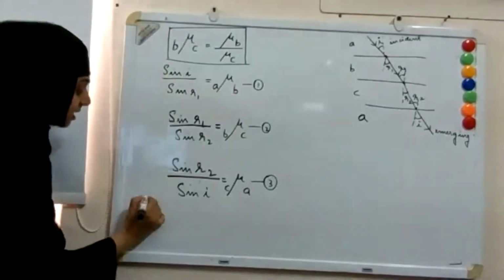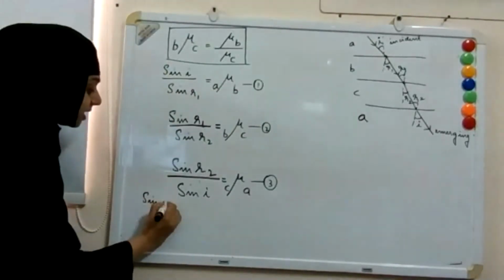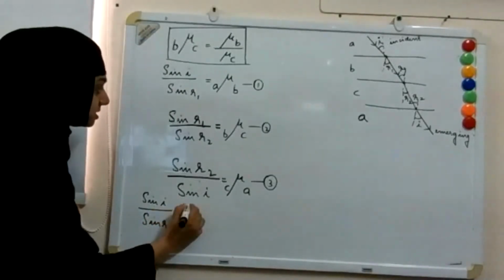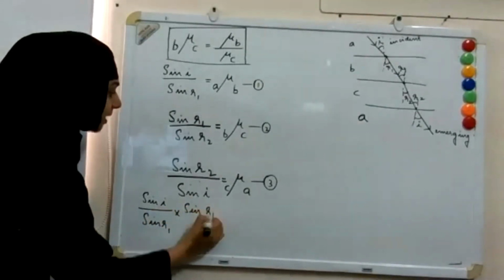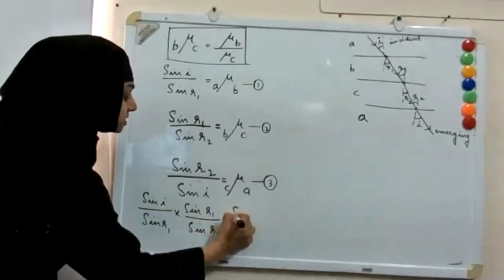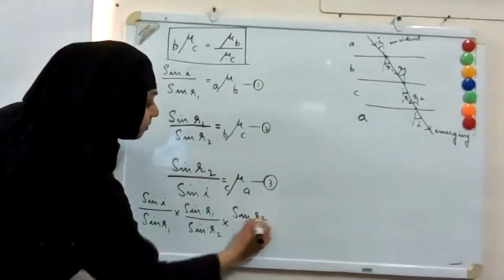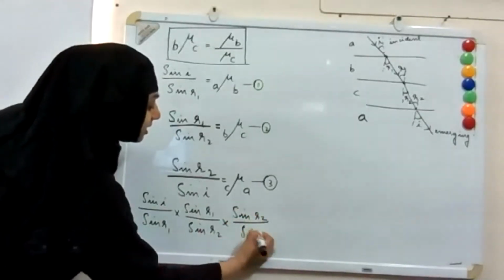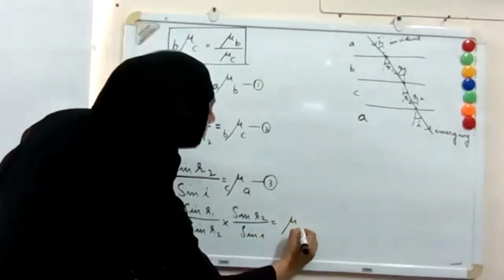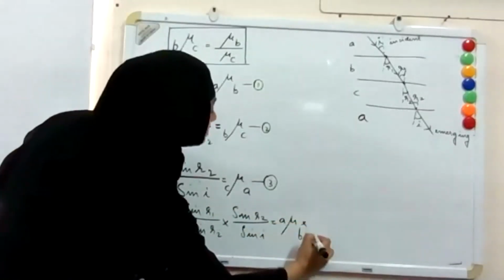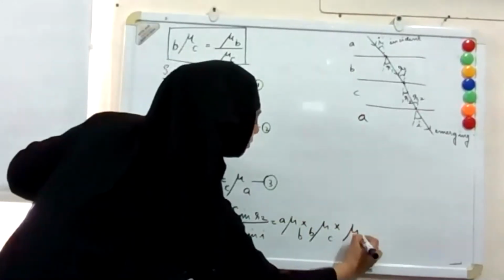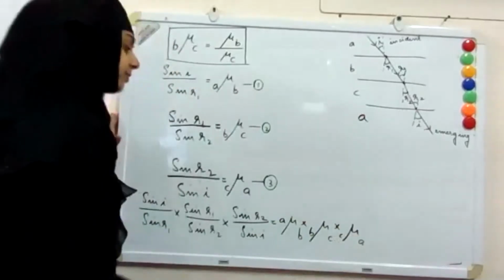Sin I by sin R1 times sin R1 by sin R2 times sin R2 by sin I is equal to mu BA times mu CB times mu AC.